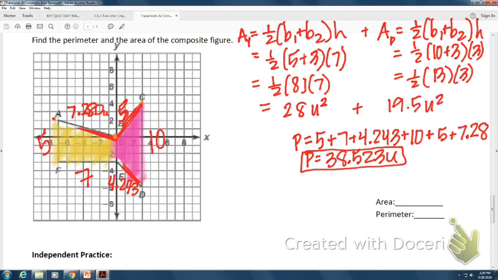Units squared. Okay, when I add those 2 together, what do I get as my area? 47.5 units squared. Okay, so do you see how many steps there are and how easy it would be to make one mistake and get the whole thing wrong?